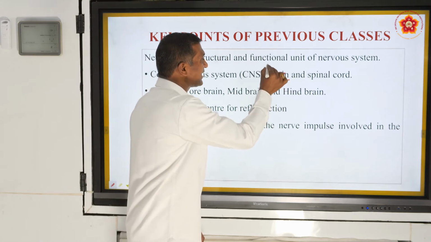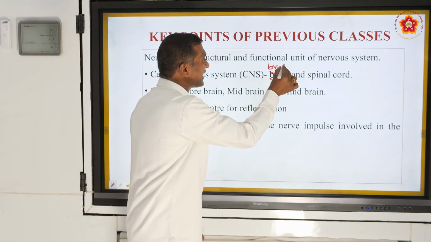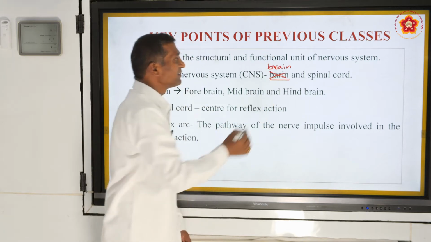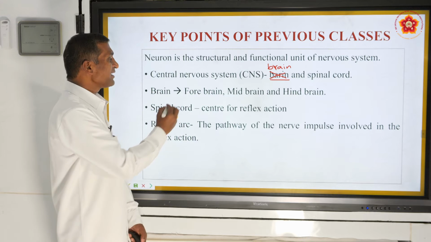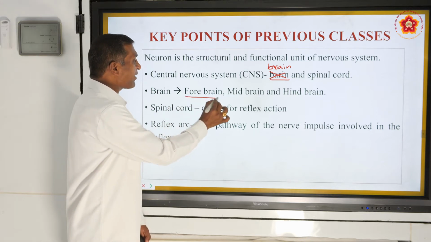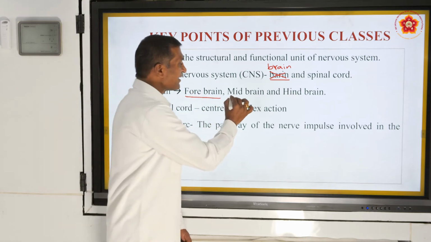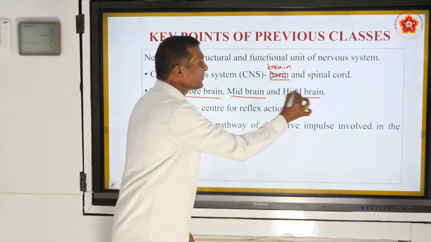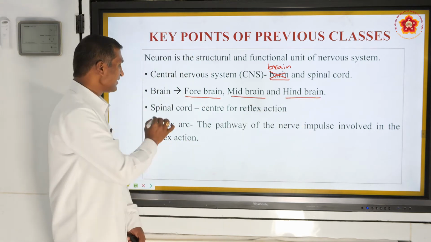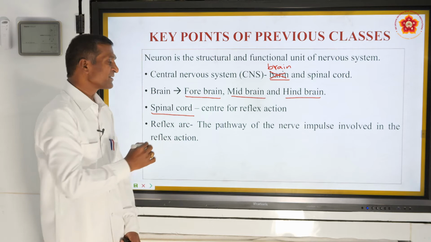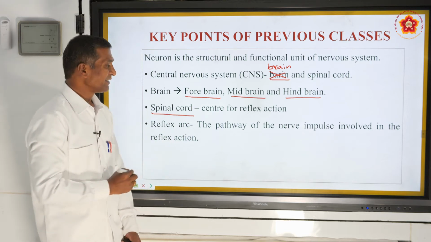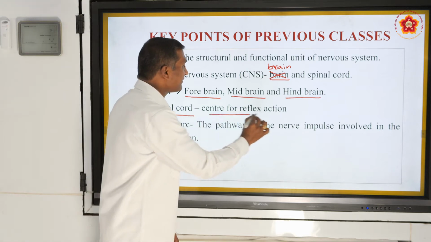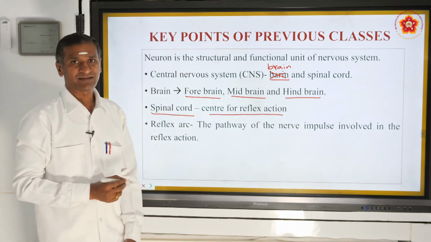Let this spelling be B-R-A-I-N, brain, and spinal cord. Under brain, we dealt in detail about the forebrain, the midbrain, and the hindbrain. Further, the same CNS had another part called spinal cord, and it is the center for reflex action.